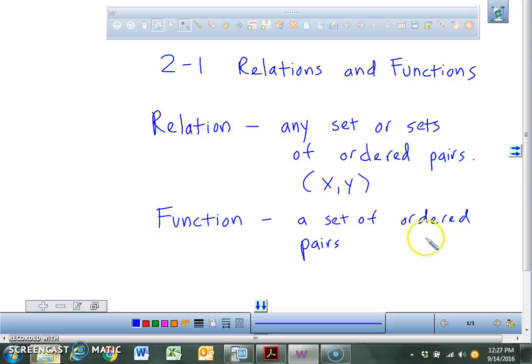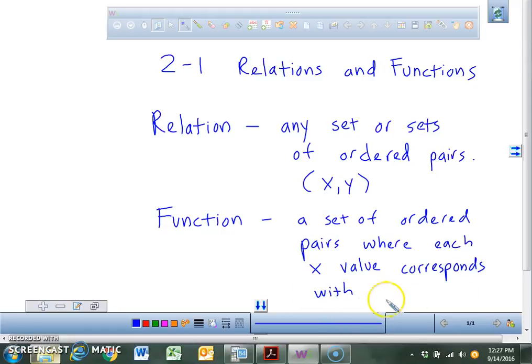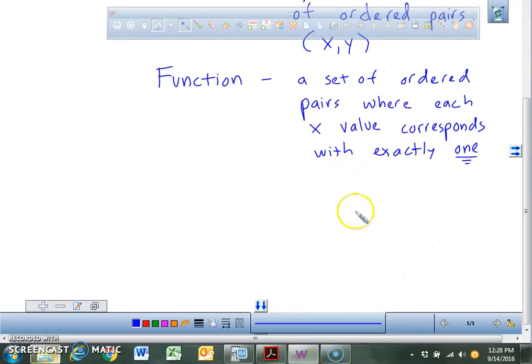There's lots of ways to define this, but the basic concept is a set of ordered pairs where each x value corresponds with exactly one y value. So each x has one y that it goes with.